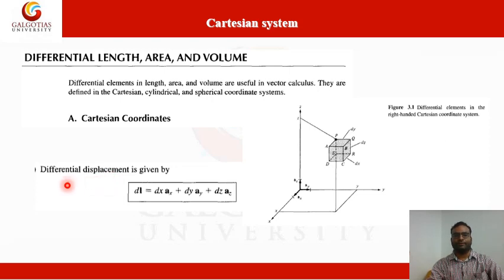So the differential length dl is equal to dx ax plus dy ay plus dz az. It is the differential length in the x direction, then in the y direction, then in the z direction. So this is the formula for dl in the Cartesian system.